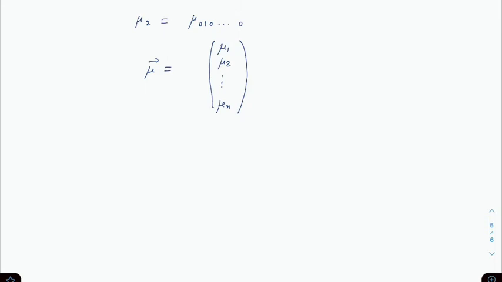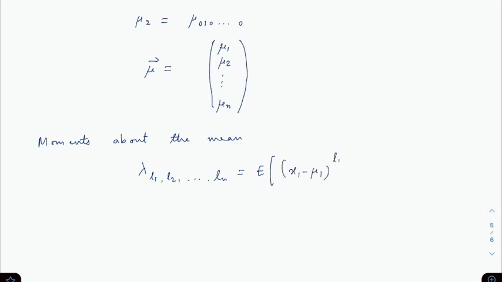And if you want to compute the moments about the mean, defined as lambda L1, L2, Ln, it is the expectation of x1 minus mu1 to the power L1, x2 minus mu2 to the power L2, xn minus mu n to the power Ln.